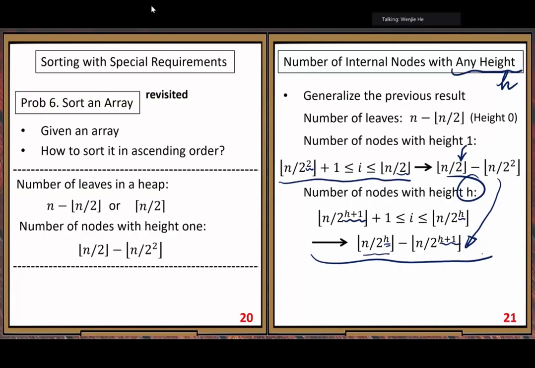It's very easy, similar to the way we find the formula for the number of internal nodes with height 1. This is our final formula. Now we are ready to do the estimate.